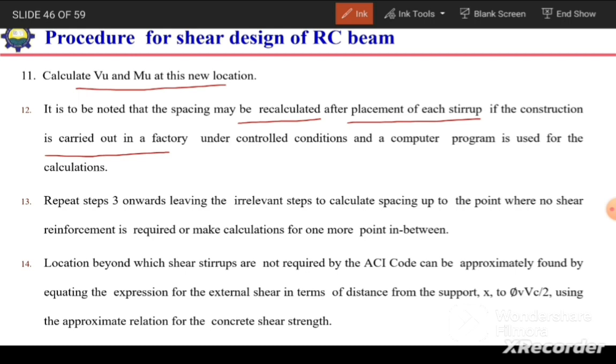But in case of in situ construction, this will not be a good option, because there will be a lot of chances of human errors during the placement of the stirrups.